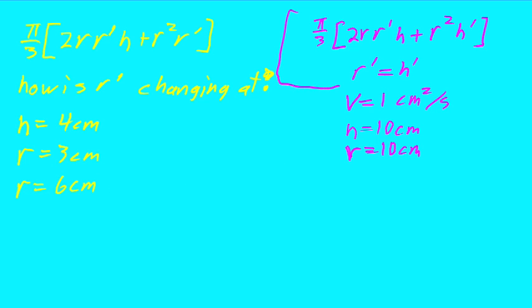We have enough information to do all of this now. So we know since we have a 1-to-1 ratio, when h equals 4 centimeters, r equals 4 centimeters. When r equals 3 centimeters, h equals 3 centimeters. And when r equals 6 centimeters, h equals 6 centimeters.